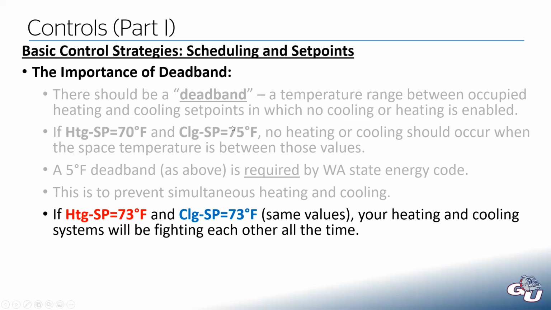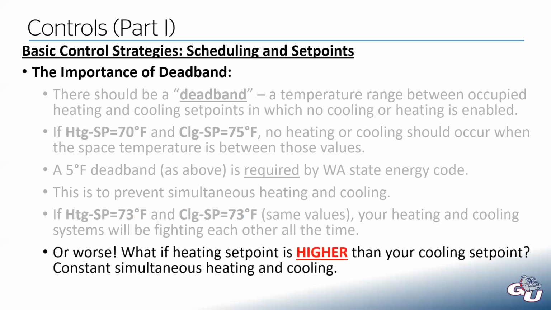If my cooling set point is 75, I'm not just maintaining exactly 75. It's going to be oscillating around 75. And if you cut down that deadband too small, you can still have those instances where your heating kicks on and then your cooling kicks on, and it's just a constant battle between the two systems.